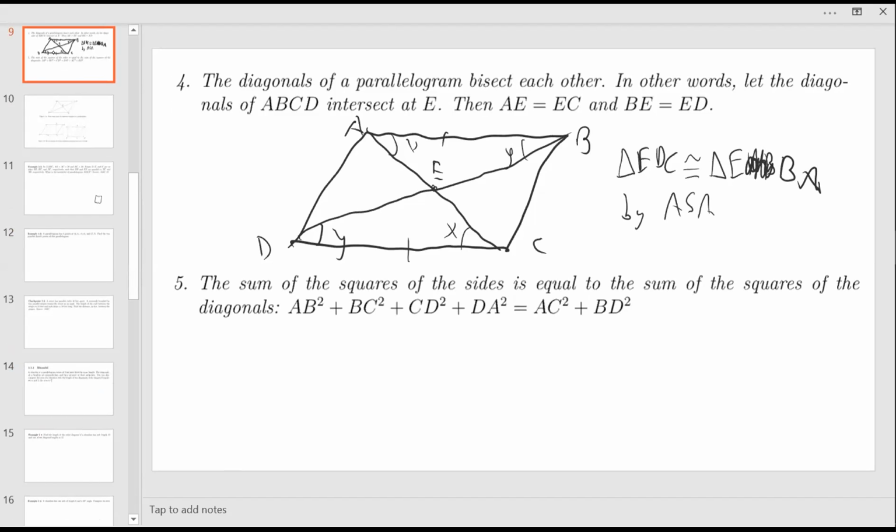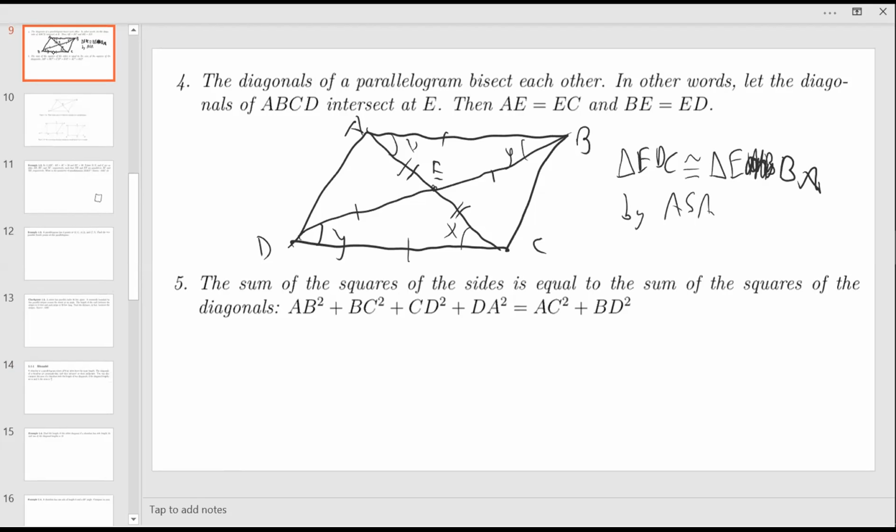Anyways, from these congruences, we get that ED is equal to EB and EA is equal to EC. So this again shows that the diagonals bisect each other, or divide each other in half.